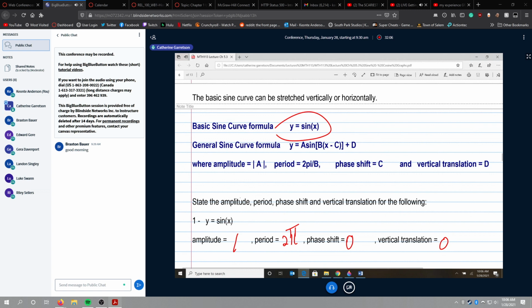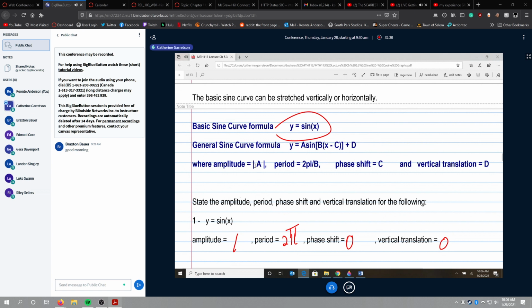And for us, that's changing its amplitude. So let's say I wanted that wave to go up to 6 units and then down 6 units. I would put a 6. I would multiply the sine by 6, and it would cause the shape to go up higher and down lower. It would increase the amplitude.